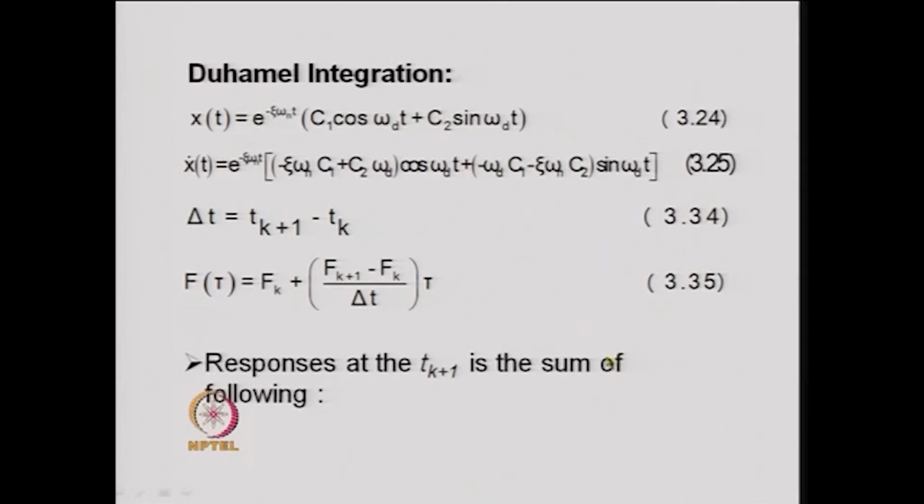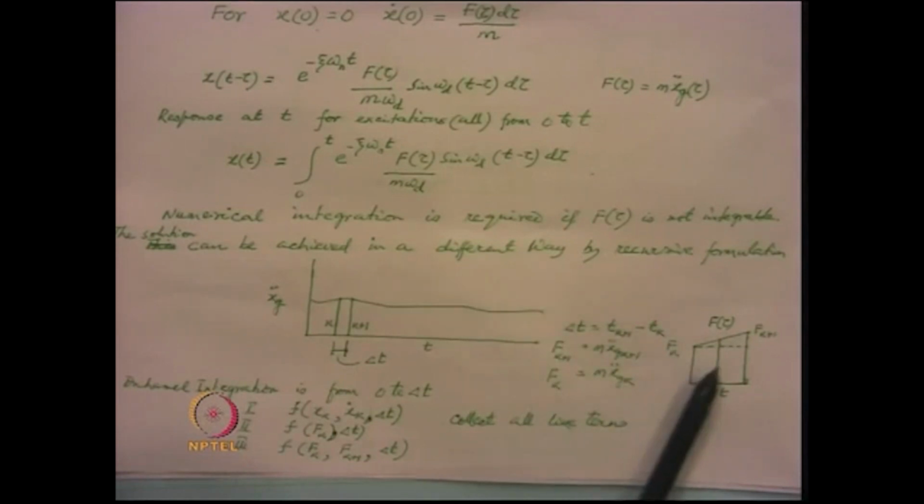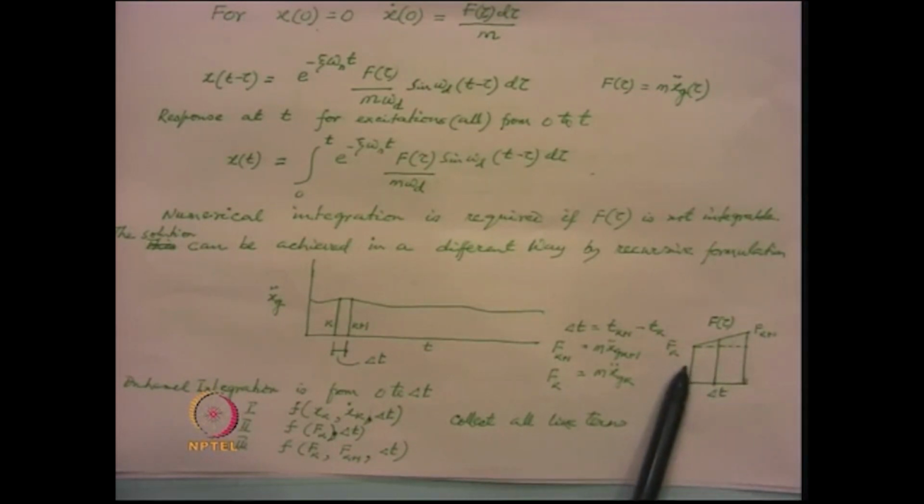That means it is varying in this particular fashion from this point to this point. And once we assume that it is linearly varying, then at any time tau we can obtain the value of this f tau in terms of f k plus 1 and f k.